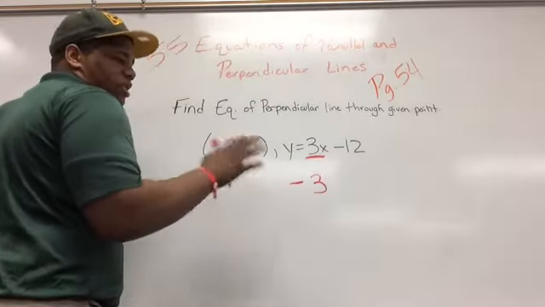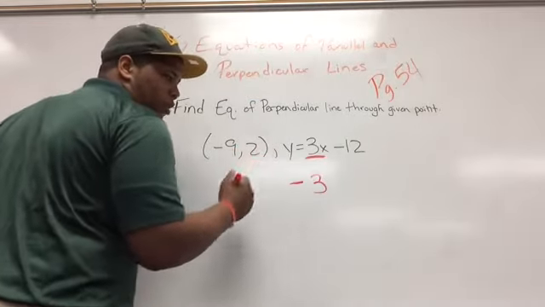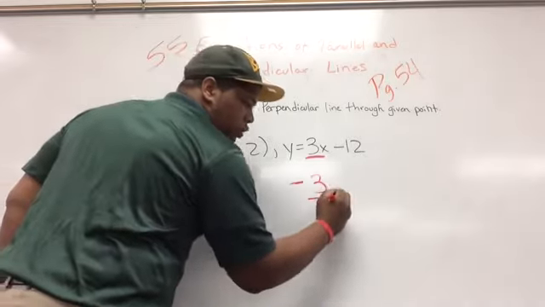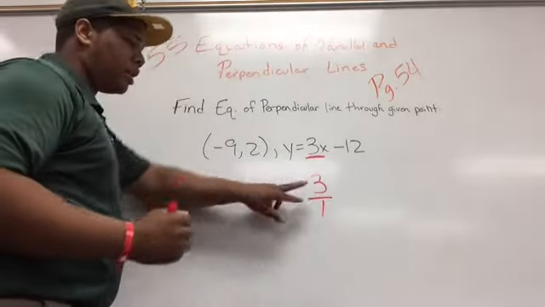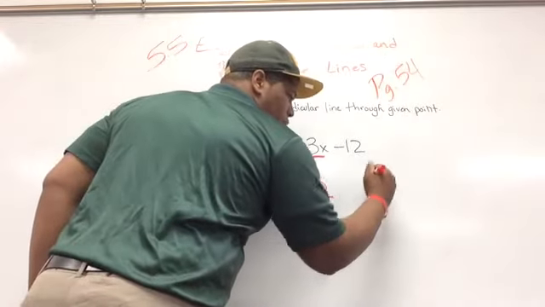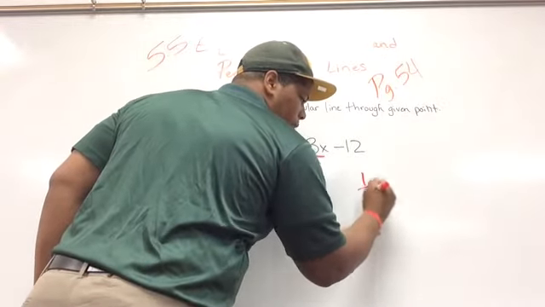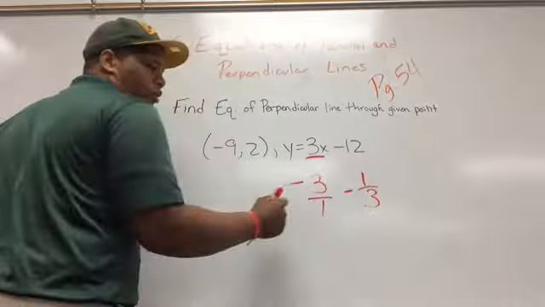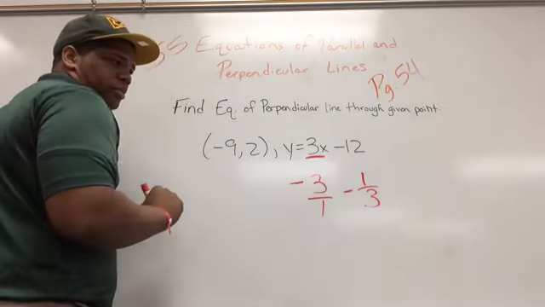And then I'm going to take the reciprocal. Now by reciprocal, they mean think of this 3 as 3 over 1. Now they want you to flip it. So instead of 3 over 1, you have 1 over 3. Negative 1 over 3, because we already took the opposite.